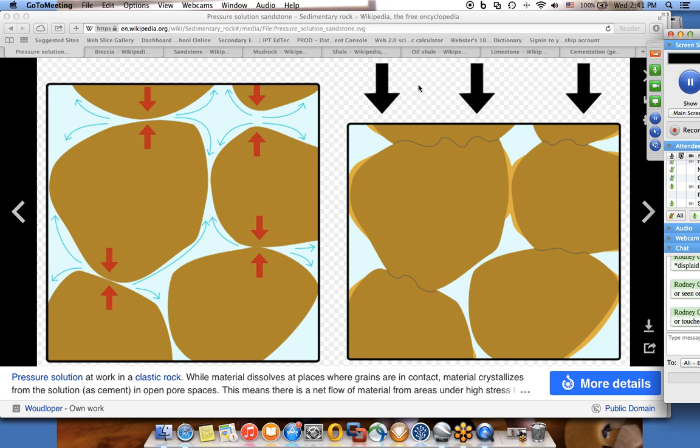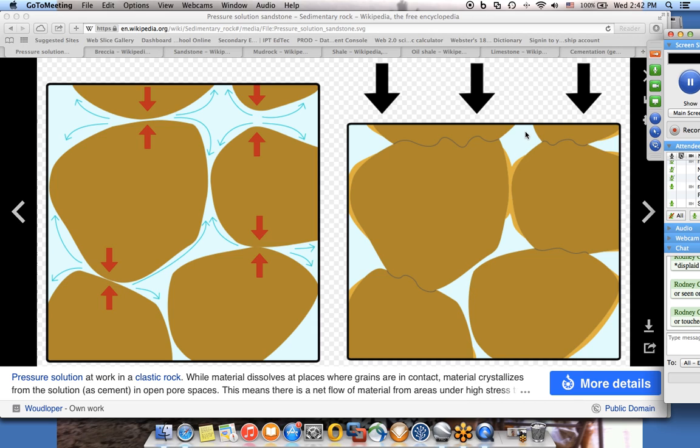Then, together with the pressure, you can see these same particles here, how now they are pressed together, the minerals are dissolved, they are built up, and then the particles start getting cemented together. Can you see that? The interparticle space is now a lot smaller.